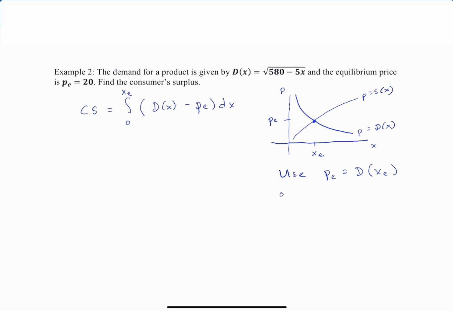Or if what you're given is the supply curve, you'd use P sub E equals S of X sub E. Now, if you're given X sub E, all you have to do is plug it into your function to get P sub E.